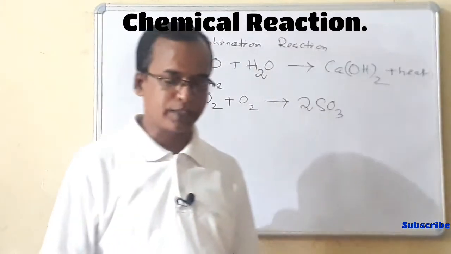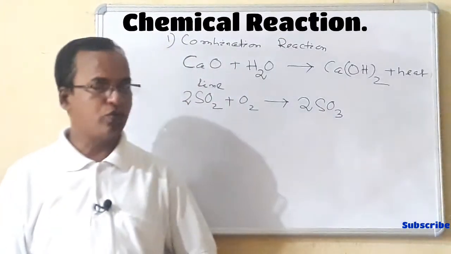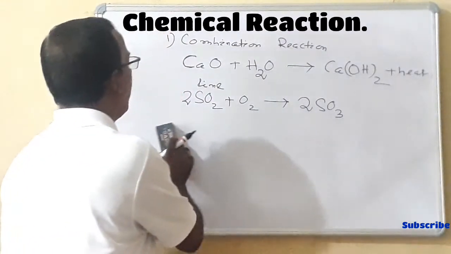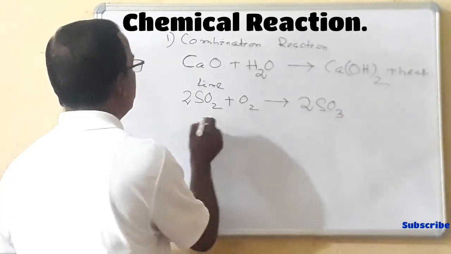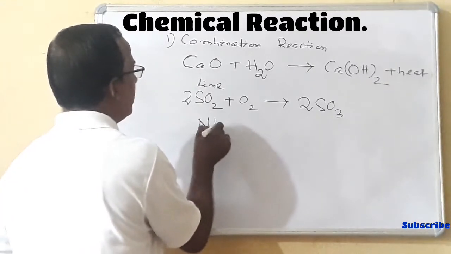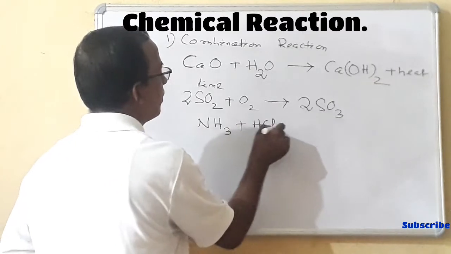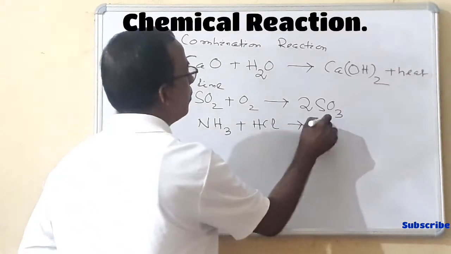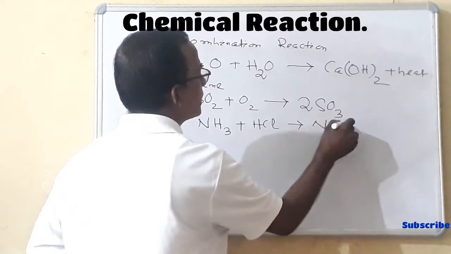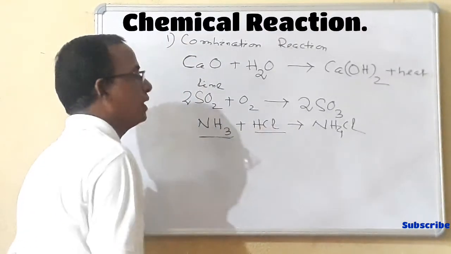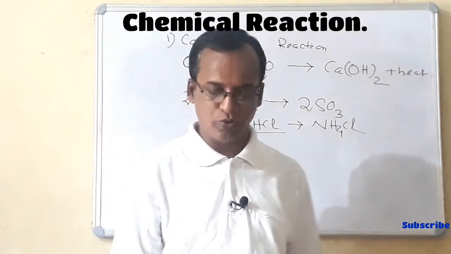So sulfur dioxide reacts with oxygen to produce sulfur trioxide. Similarly, ammonia NH3 reacts with HCl to produce ammonium chloride. This is an example of combination reaction because ammonia combines with HCl to produce ammonium chloride.